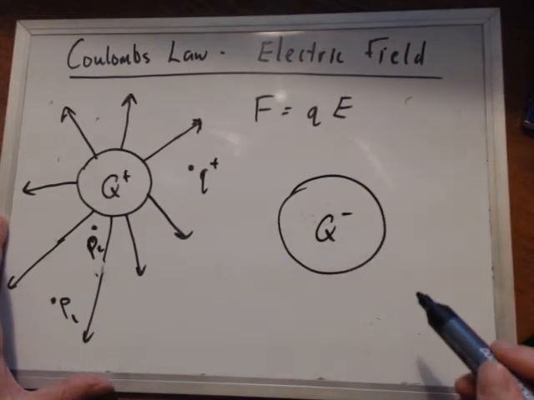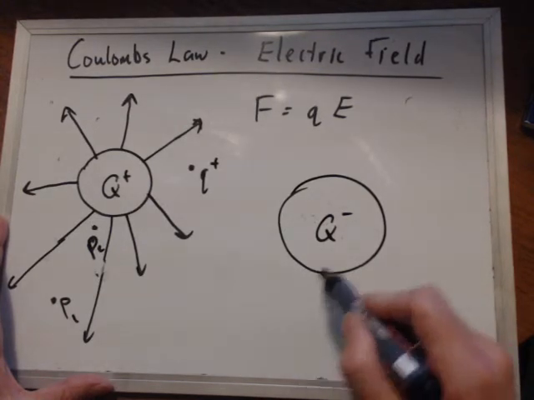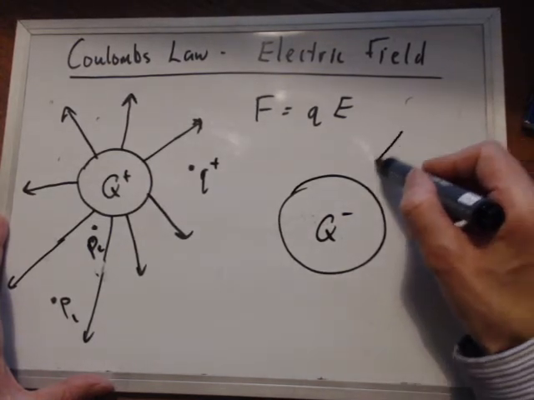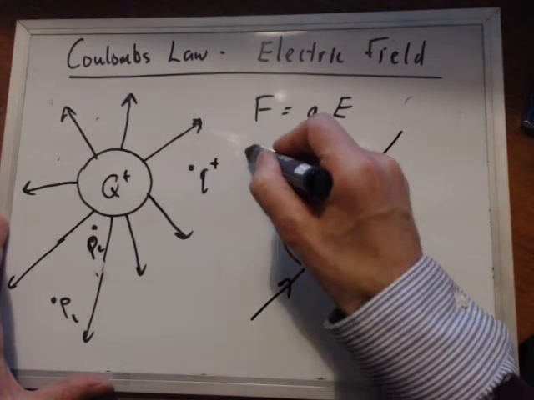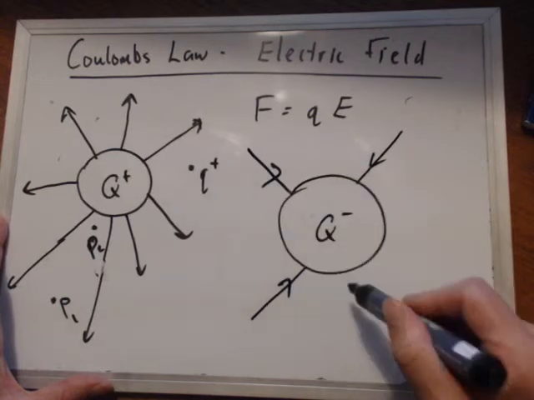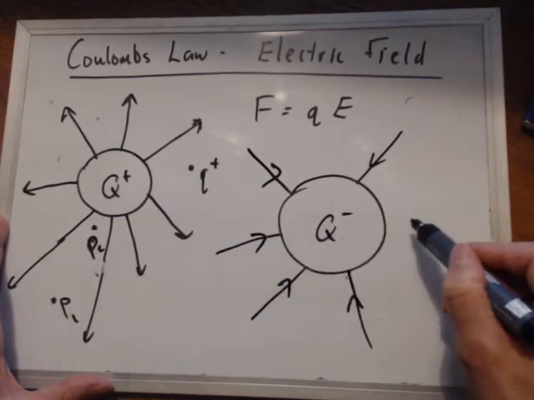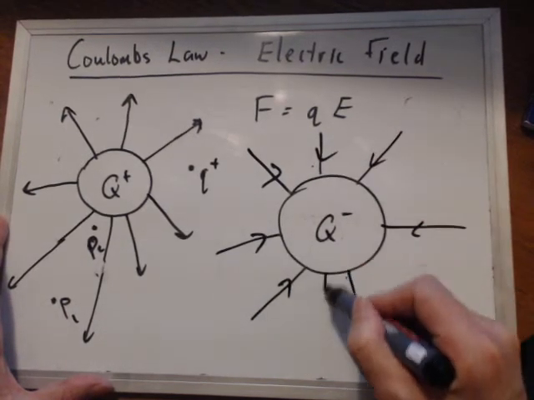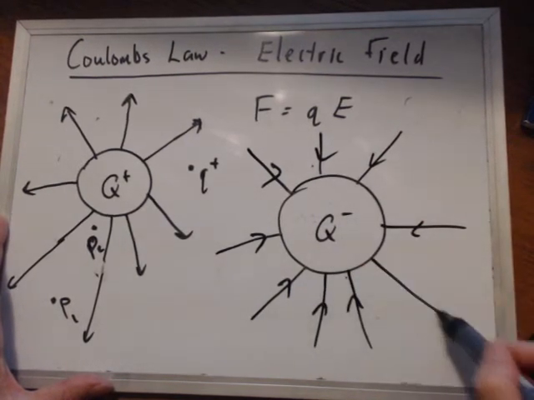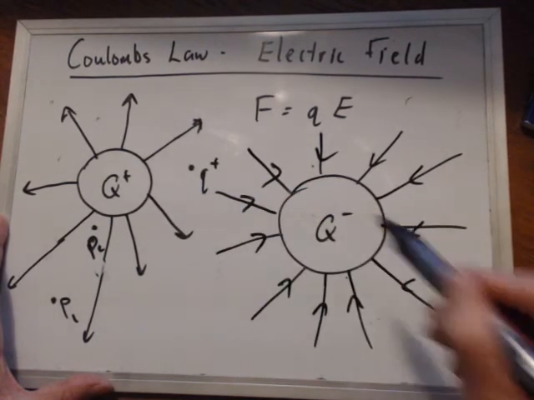Now, in the case of a negative point charge, let's draw a negative sphere, Q minus. The field lines, because it is attractive to a positive charge, would in fact act towards the center like that. So the electric field lines would act like that because a small positive test charge would feel a force acting towards the center.